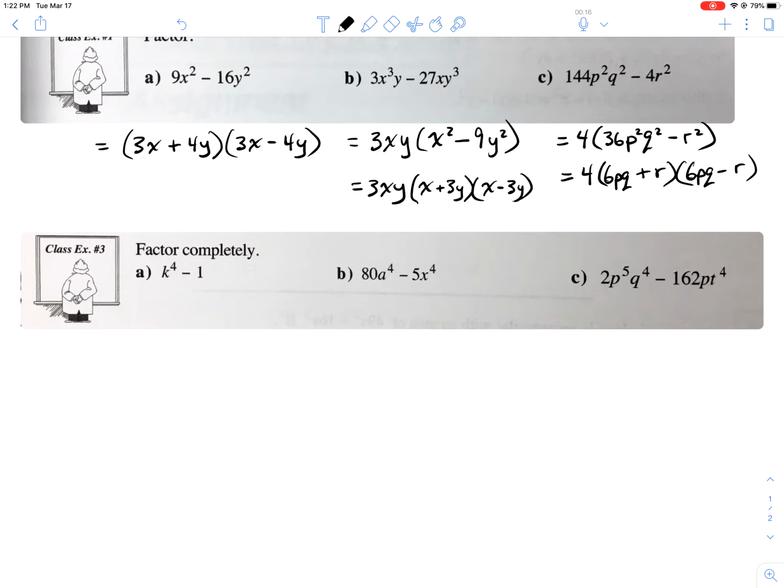All right, so if we factor this, I can see that k exponent 4 is k squared times k squared, so it's k squared, squared, right? K squared squared minus 1, which is also a square. So I could say k squared plus 1 times k squared minus 1. Hey, that's great, but we're not done yet.